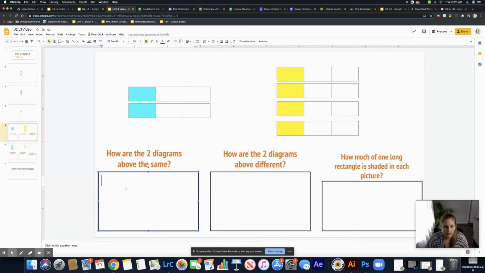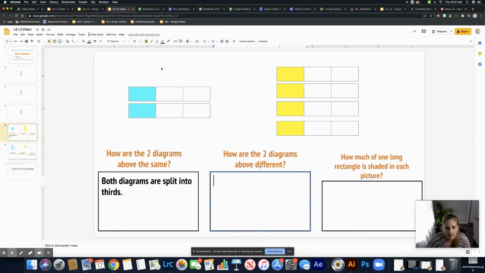All right, so looking at these, I can tell that the 2 diagrams are the same because both diagrams are split into thirds. What I mean by that is each whole is split into 3 pieces. So 1, 2, 3, 1, 2, 3. How are they different?